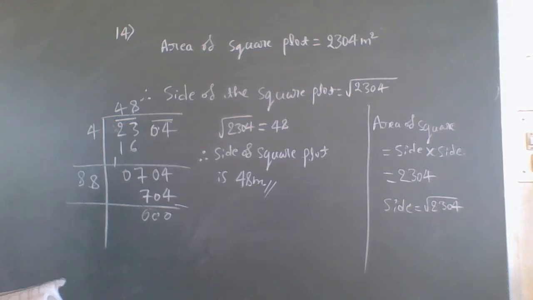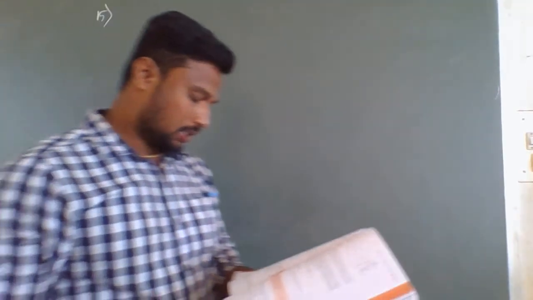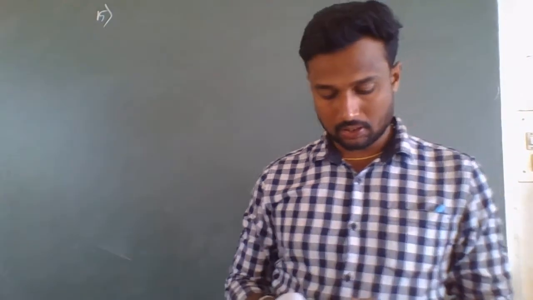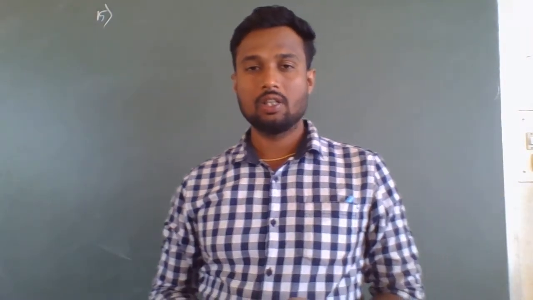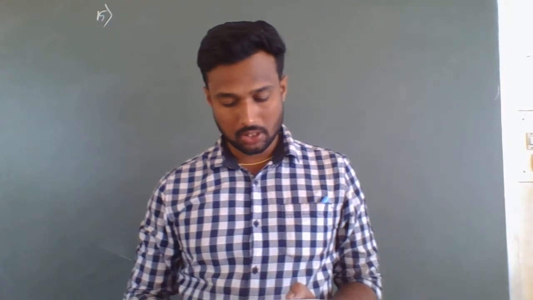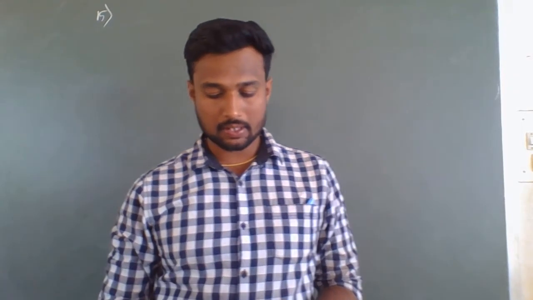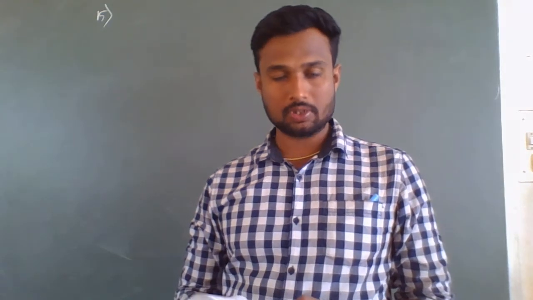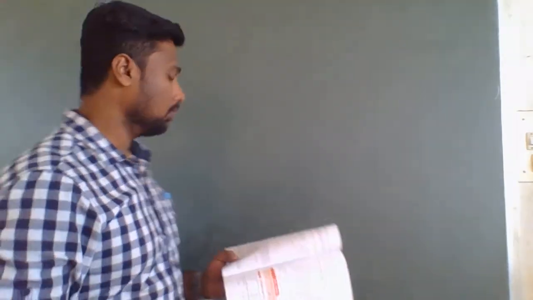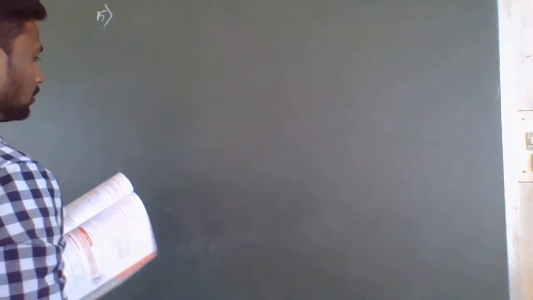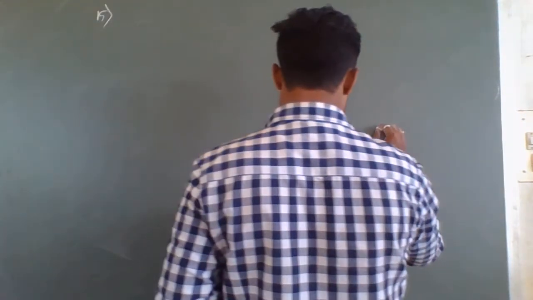Okay. Now I will discuss the next example, the 15th. In the 15th example they have given that there are 2401 students in a school. The PT teacher wants them to stand in rows and columns in such a way that the number of rows is equal to the number of columns. So here in one school, how many students are there? 2401.